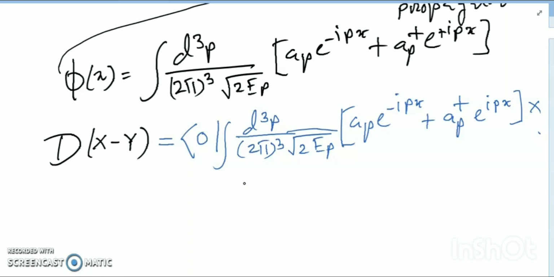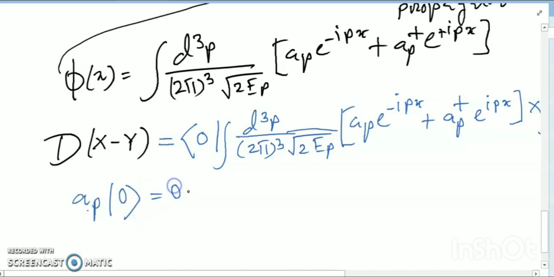So notice the following: we know that destruction or annihilation operators acting on the vacuum give us 0. So a_p acting on the vacuum equals 0, and a_q acting on the vacuum also equals 0.